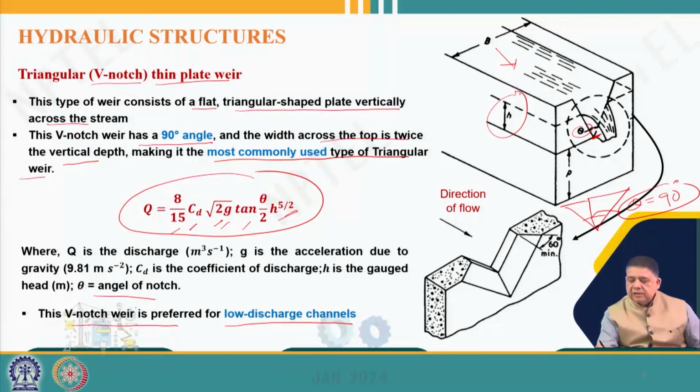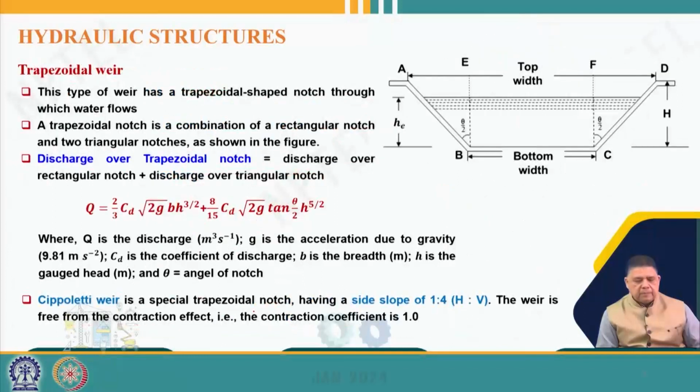That means it is much easier to measure H if it is a low discharge channel with a triangular weir, because even with the change of discharge, the H value may not change significantly in case of a rectangular weir. So, that is why when the discharge is low in a channel, it's a triangular weir which is preferred.